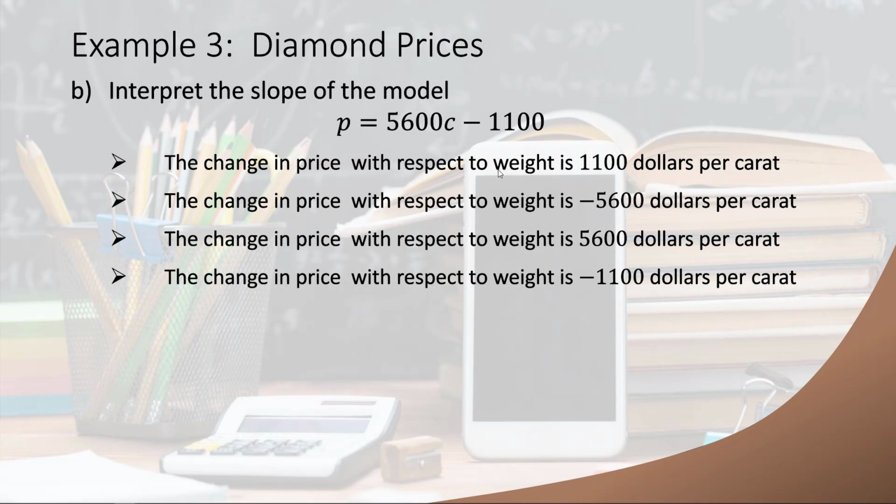Now the next thing is we want to interpret the slope of the model. There's lots of questions like this. Now notice that this right here is the slope. Since this is the slope, and we're multiplying this by carats, the units here are going to be $5,600 per carat.